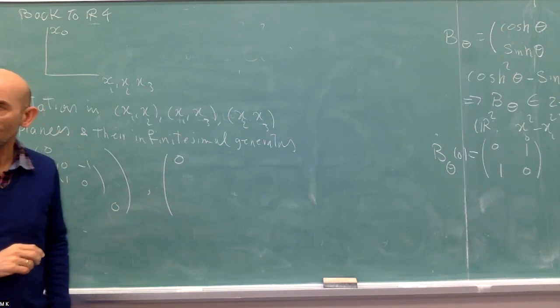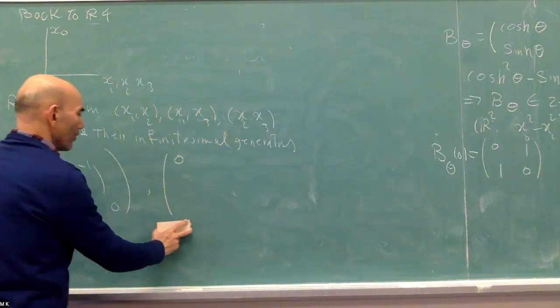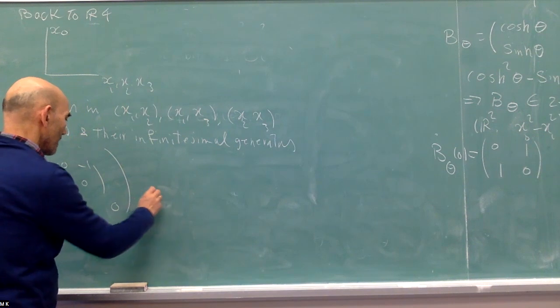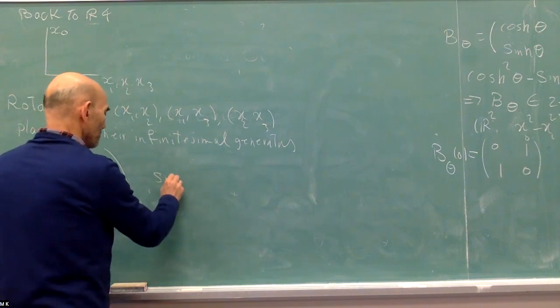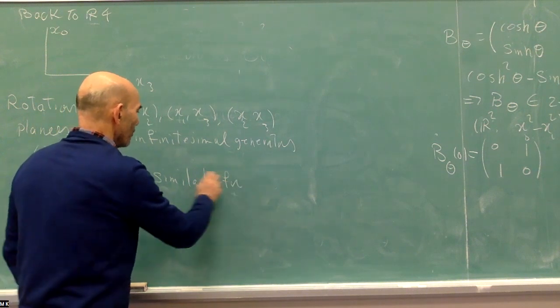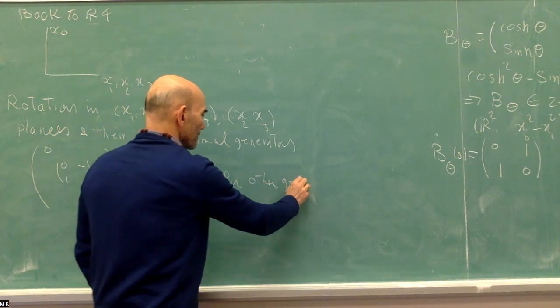You can figure it out. Because I'm pretty sure I'm going to draw very ugly pictures here. And similarly, so let me cheat. I say similarly for the other generators.